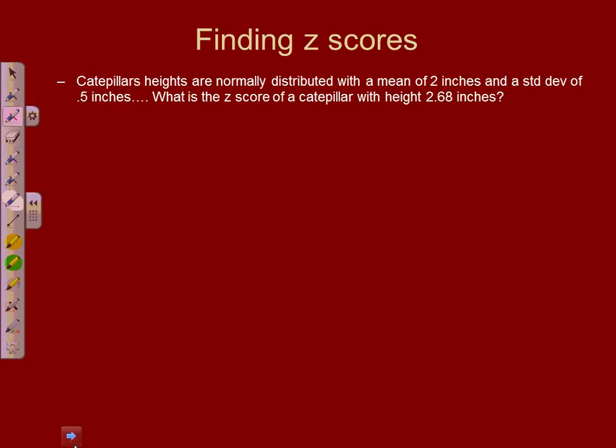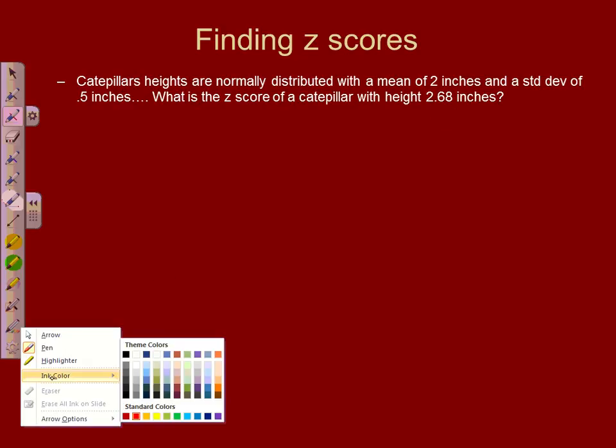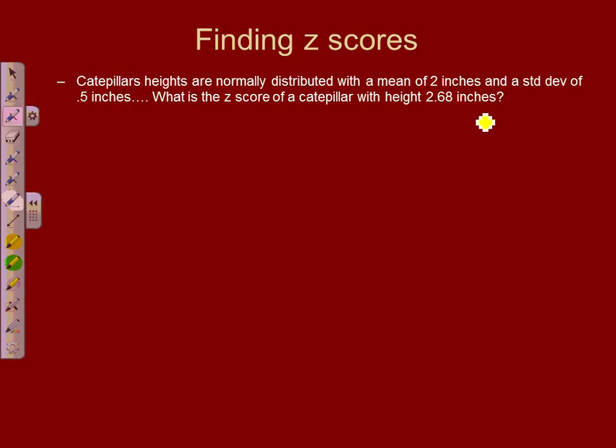You will just use your formula. This 2.68, this is what we would consider our observation. We know that this is our mean and this is our standard deviation. So our z-score is going to be our observation minus our mean over our standard deviation.